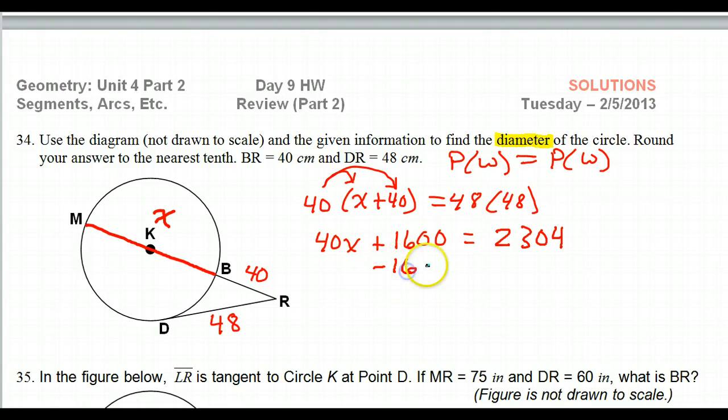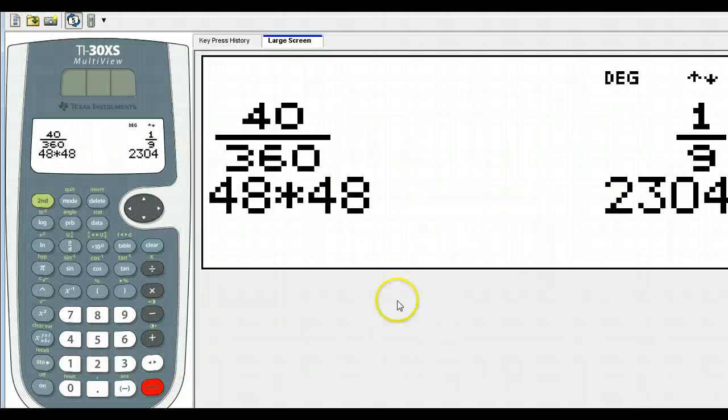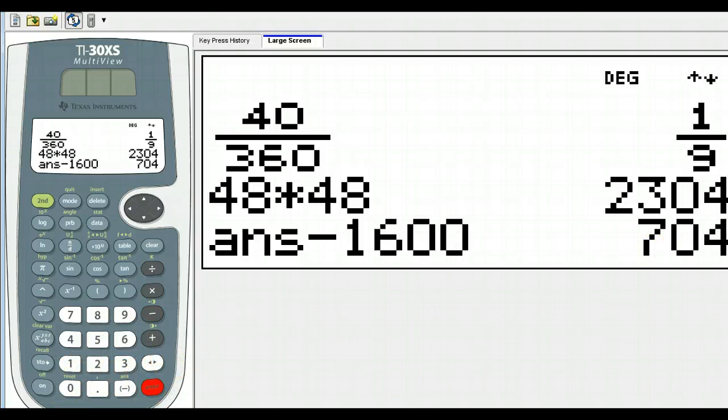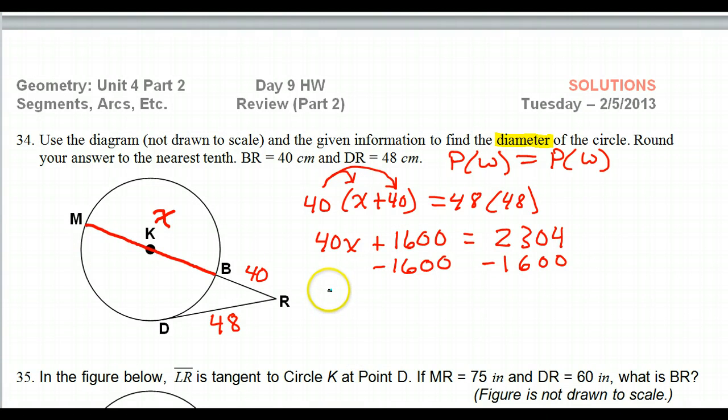So subtract 1,600 from both sides. Okay, so I can just do minus 1,600. So I get 704. So that means I have 40x is equal to 704. Of course, now I will divide both sides by 40 to get x by itself.